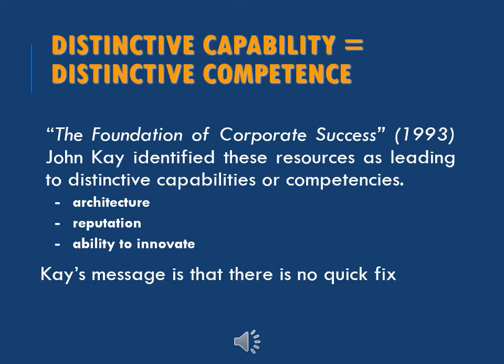For example, John Kay says in The Foundations of Corporate Success that some of these resources lead to distinctive capabilities or competencies, and he classifies resources in terms of history into three key areas: architecture, reputation, and the company's ability to innovate. So he used the term distinctive capabilities or competencies.